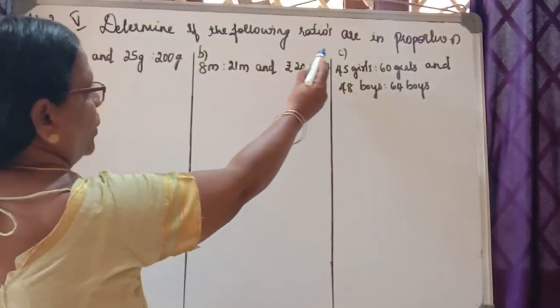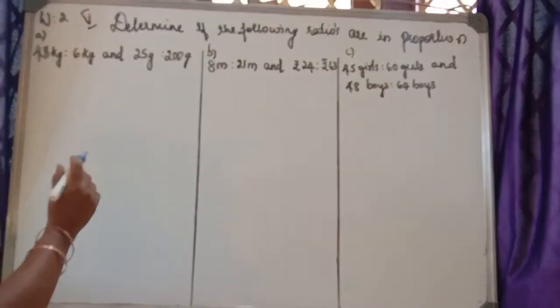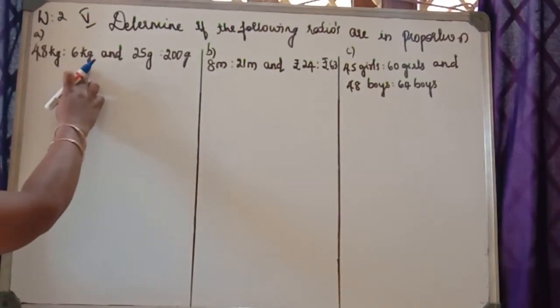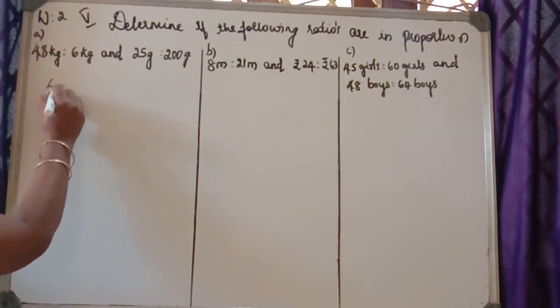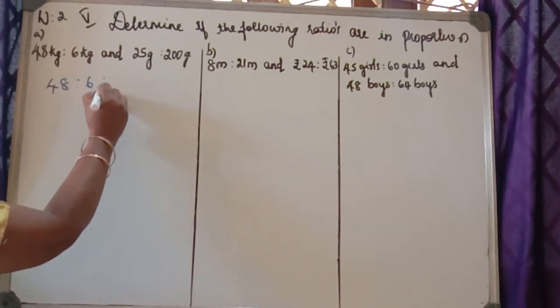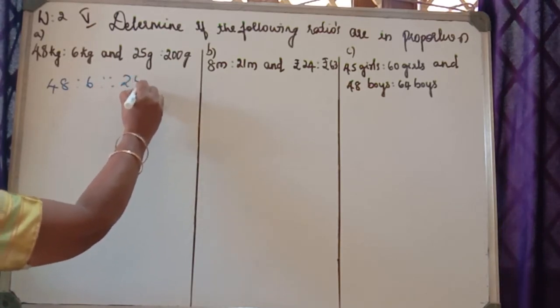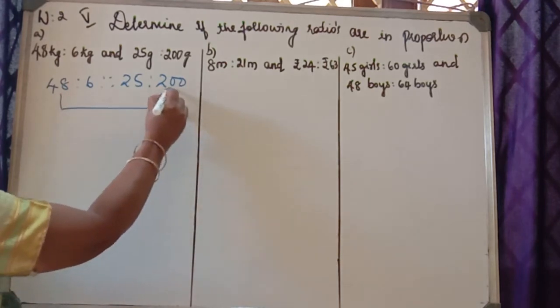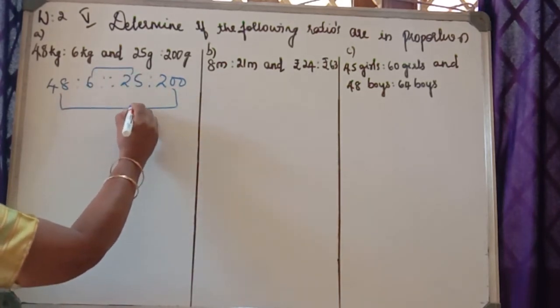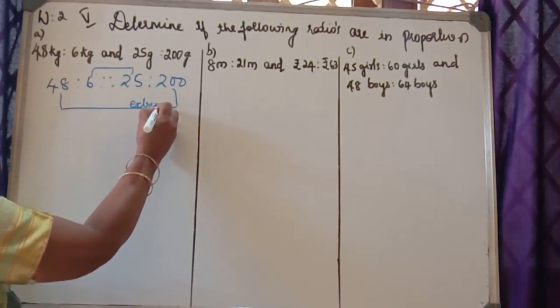Determine if the following ratios are in proportion. 48 kg is to 6 kg and 25 grams is to 200 grams. So 48 is to 6 as 25 is to 200. The product of extreme should be equal to the product of means.